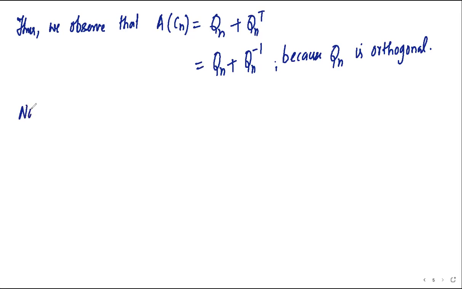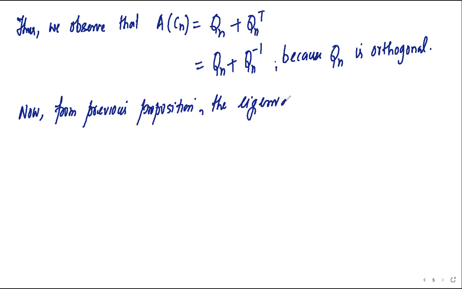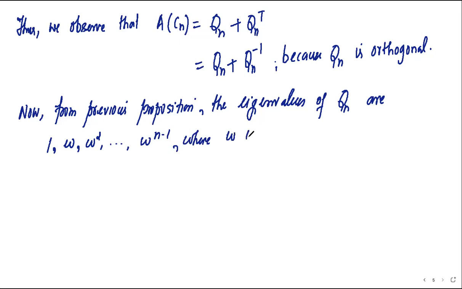So now, from the previous proposition, the eigenvalues of Qn are 1, omega, omega square, up to omega power n minus 1, where omega is the nth root of unity.